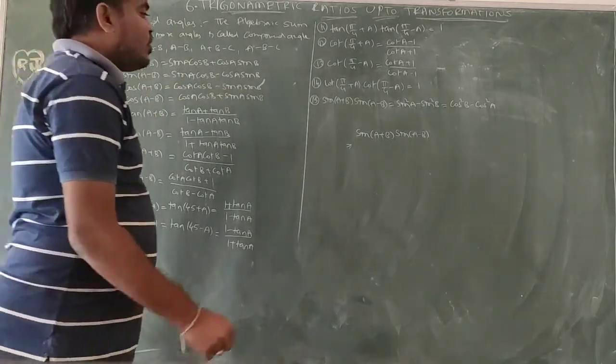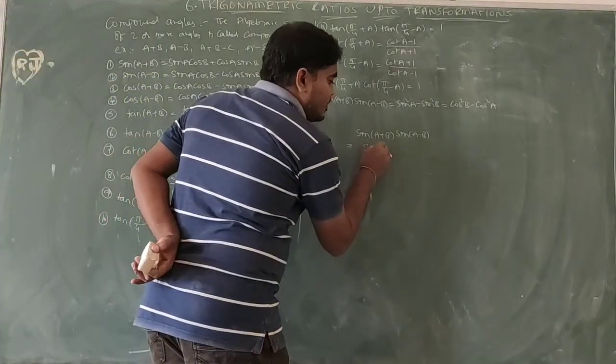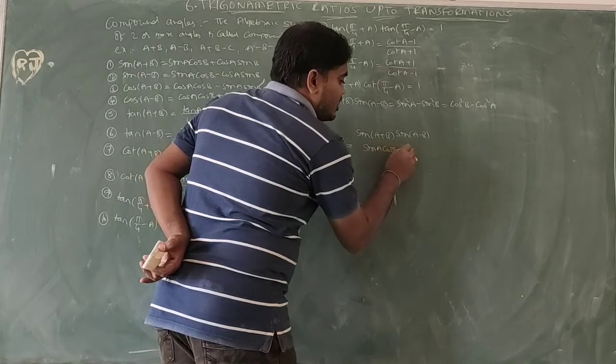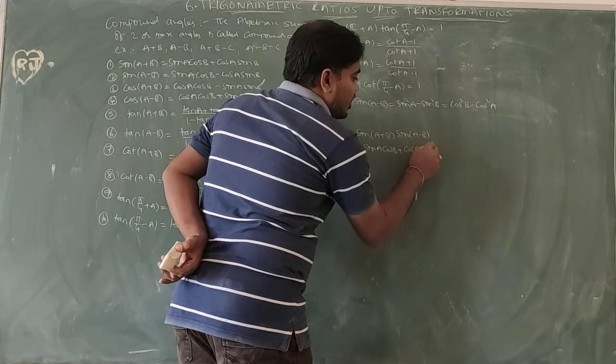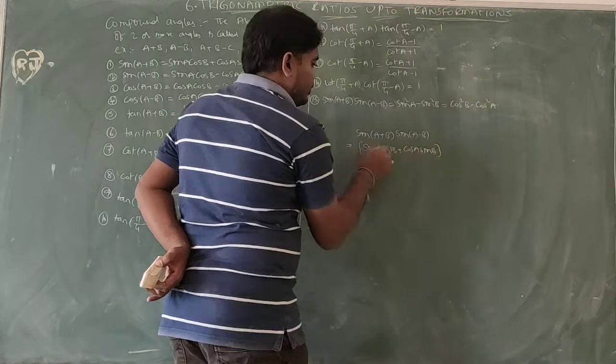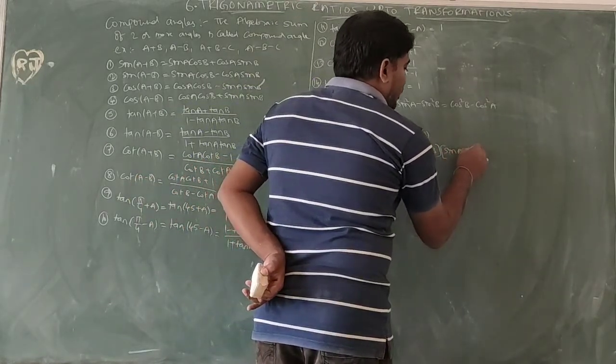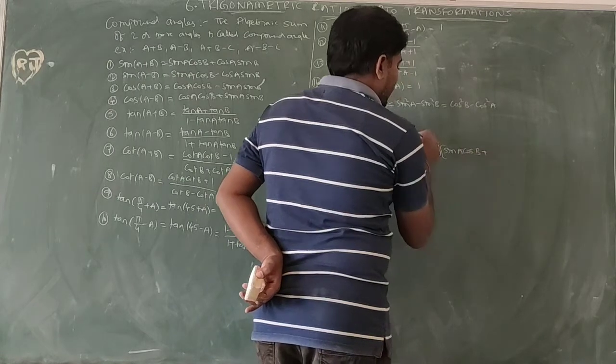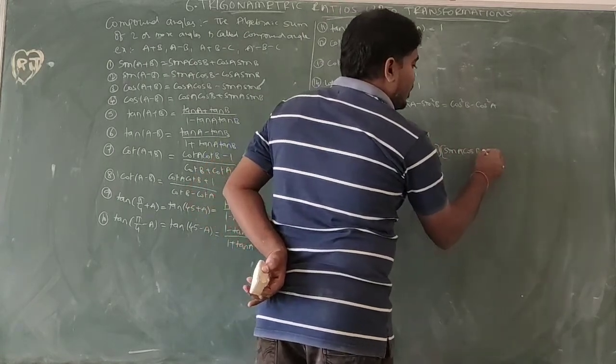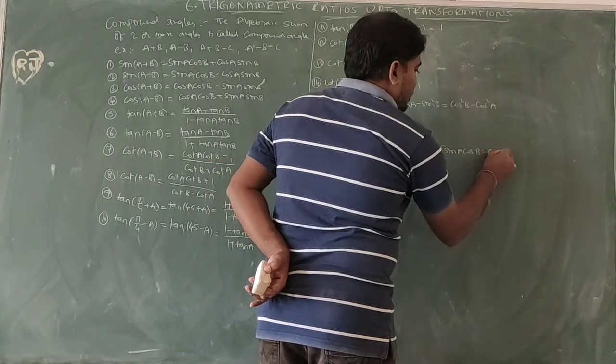Sin of A plus B equals sin A cos B plus cos A sin B, into sin of A minus B, sin A cos B, and since it is minus, minus cos A sin B.